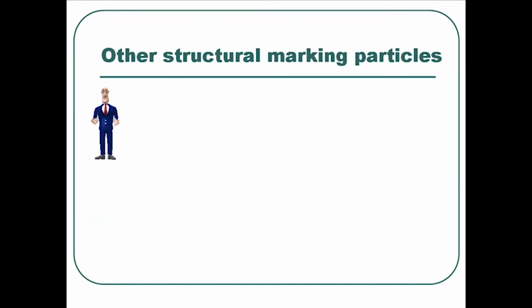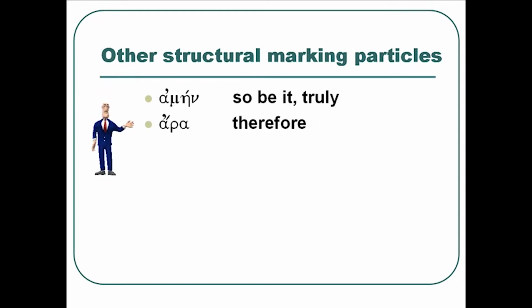Now our last screen of these structural markers will just be kind of odds and ends that will often be used, small words, used in the text to connect various paragraphs, sentences, and clauses. Amen means so be it or truly. King James takes as verily, verily, amen, amen. Ara means therefore. Ide means behold.